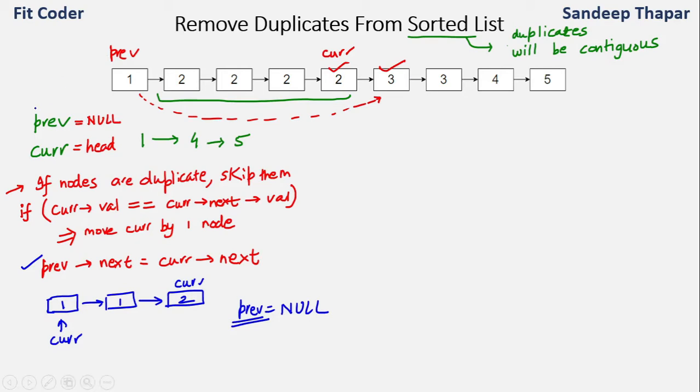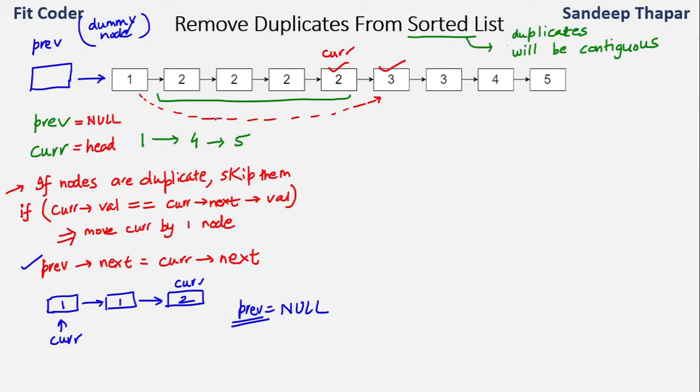So rather than handling all the edge cases, what we can do is keep a dummy node and make it previous. This approach is quite frequently used in linked list problems because we'll encounter many scenarios where there are edge cases related to the head of the linked list.